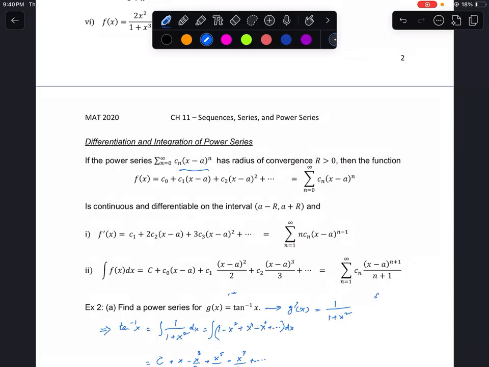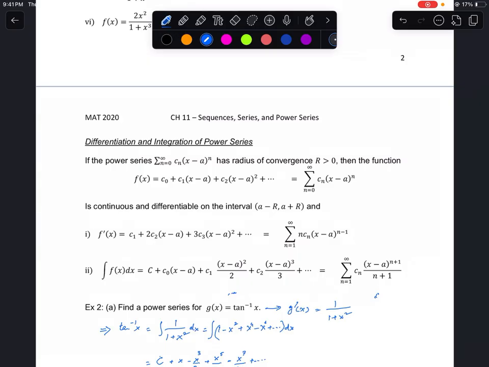We can do it directly, but we might lose some terms if we try to do it on the closed form. So this is the closed form, this is the open form. So we are going to look at the open form, and then we are going to integrate and differentiate.